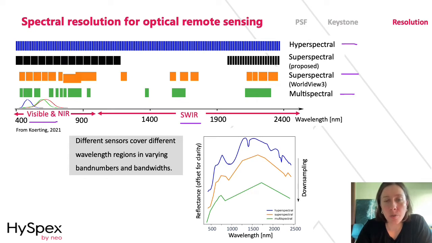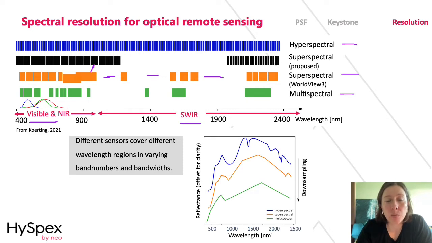When we look at superspectral, this is an example for the WorldView 3 commercial satellite, this is the band setup. You can see that it's still covering large areas of the spectrum, but missing some areas where we have atmospheric influence, so there are no atmospheric bands here. We still have very large spectral bands, but we're still able to cover a large portion of the spectrum.